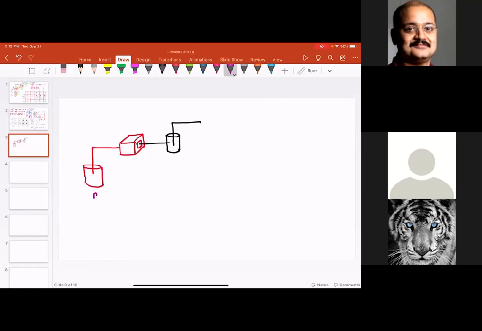So you have a revolute joint, a prismatic joint, and a revolute joint. Then I need to specify the axes.